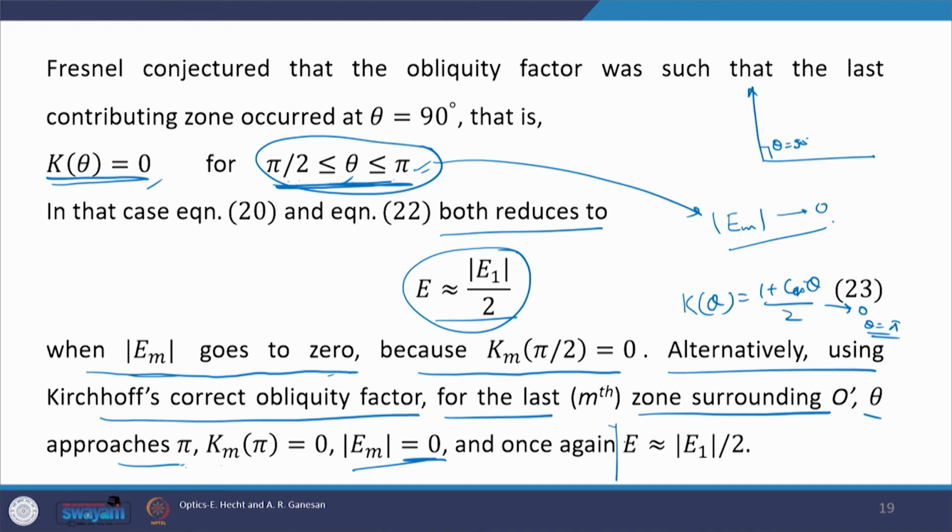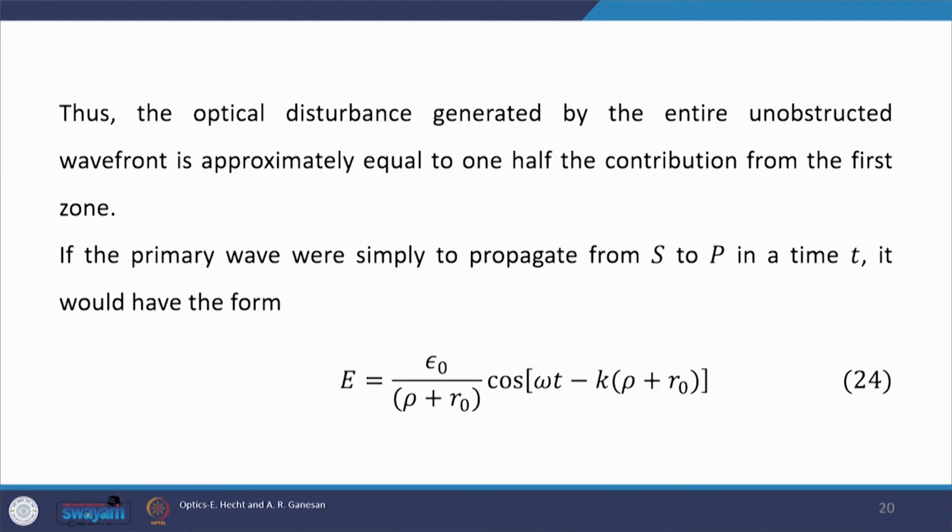Then the final resultant disturbance at the point of observation P is therefore equal to mod of E1 by 2. We have a point source which emits a spherical wave front, and we split this spherical wave front into a large number of annular rings. We calculated the contribution from all the rings at the point of observation P, and what we found is that the total contribution at P is half of the contribution of the first annular ring, or the first half period zone.